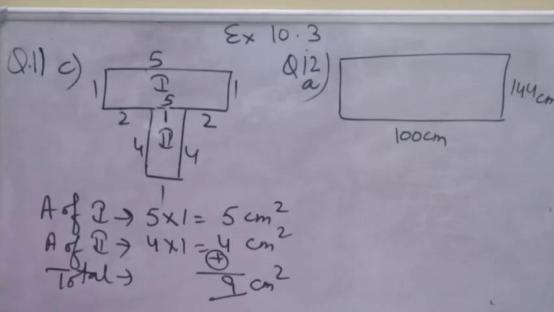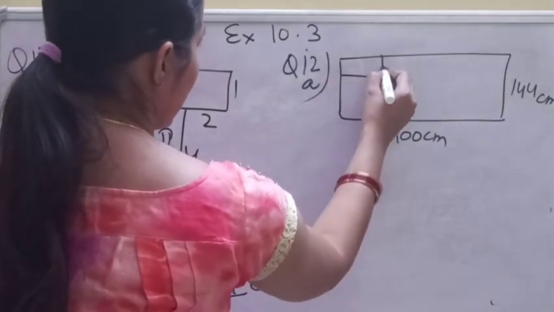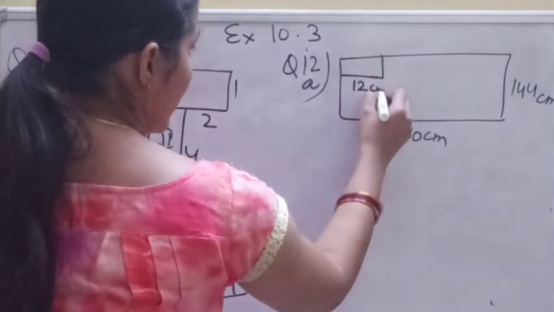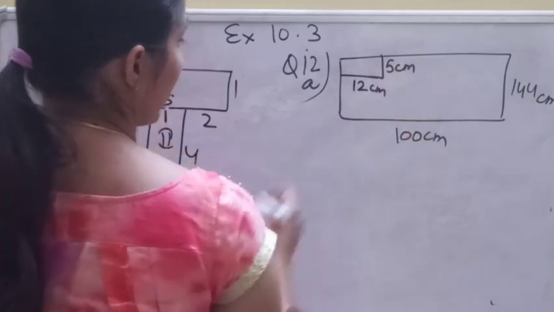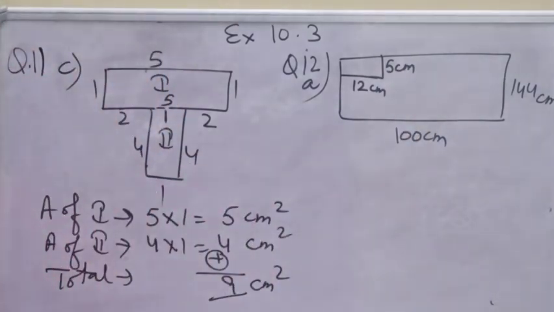Generally the longer one we take as length, but here it is given length is 100 and breadth is 144 centimeter respectively. So respectively means the first one is length according to the question and the second one is breadth. And there we are having tiles, that is 12 centimeter and 5 centimeter. So he is saying how many tiles we need.